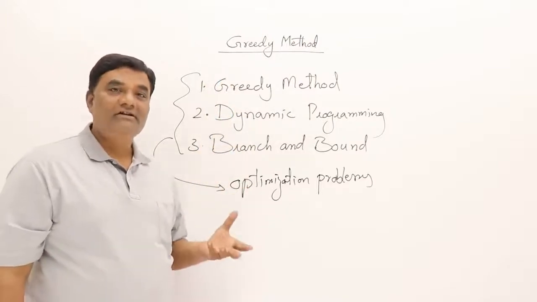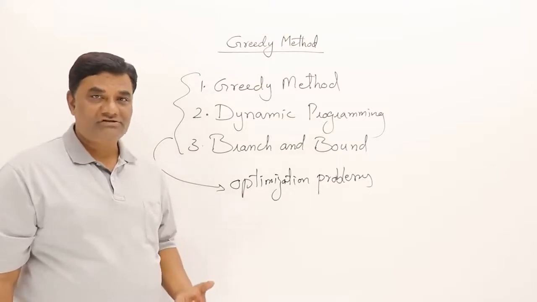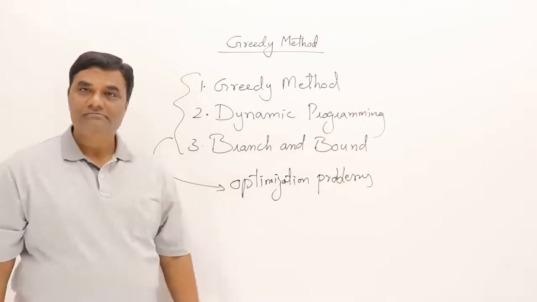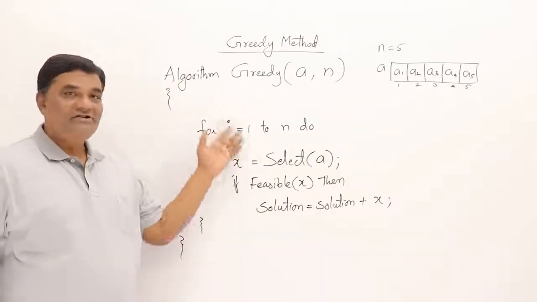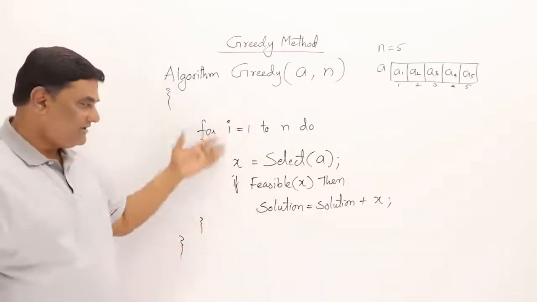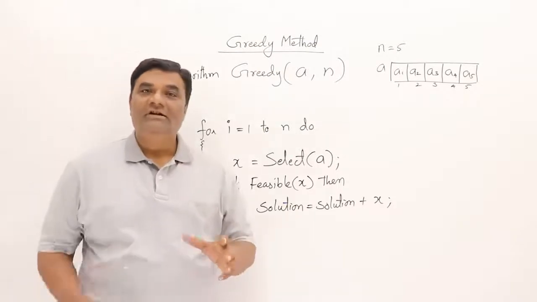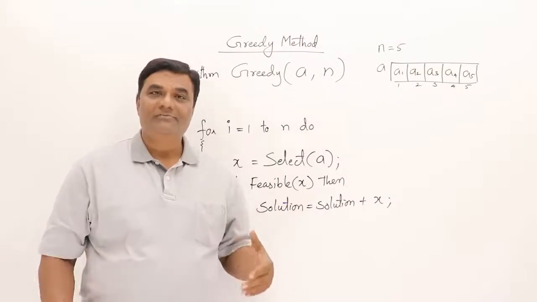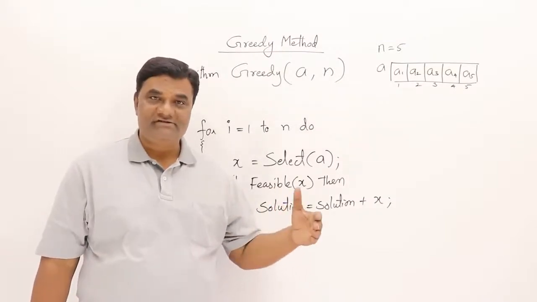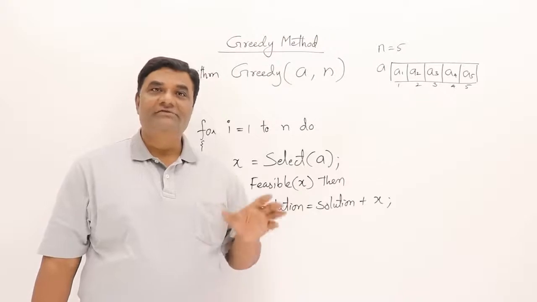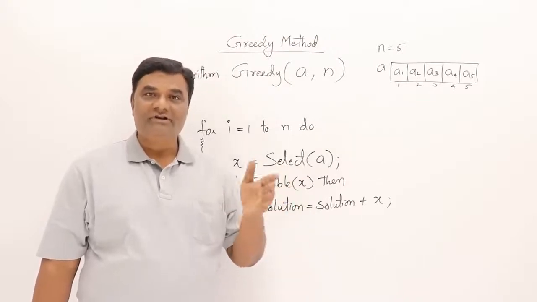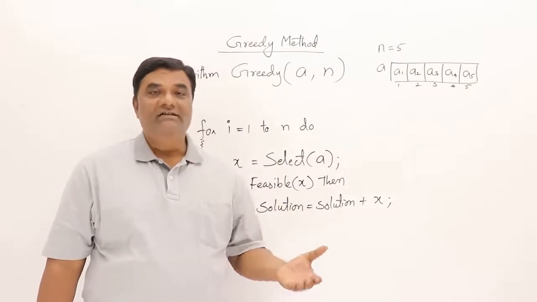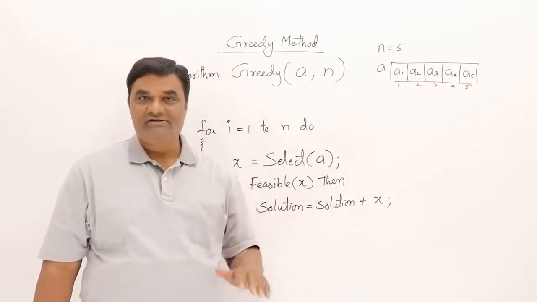We will understand what greedy method says, what the approach is. So next I will tell you about greedy method. What is its approach? Here is the general method of greedy. I have written an algorithm. Now see, greedy method says that a problem should be solved in stages. In each stage, we will consider one input from the given problem, and if that input is feasible, then we will include it in the solution.